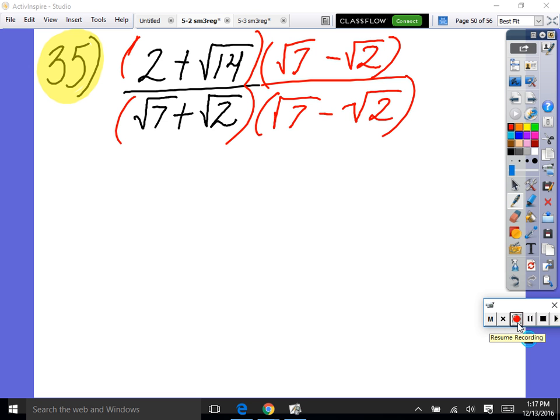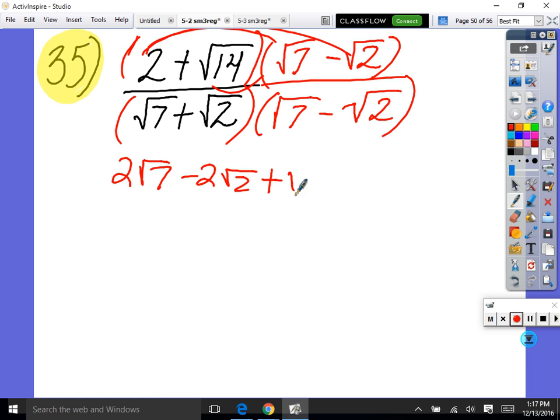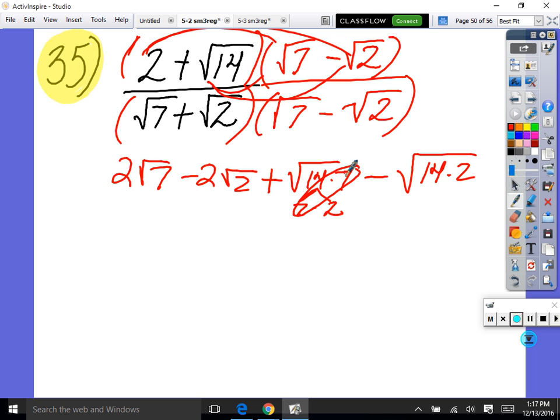So when you multiply out the top, you had 2 square roots of 7 minus 2 square roots of 2 plus square root of 14 times 7 minus square root of 14 times 2. So then 14 breaks down into 7 times 2. So will that be plus 7 square roots of 2? And then 14 breaks down into 7 times 2.